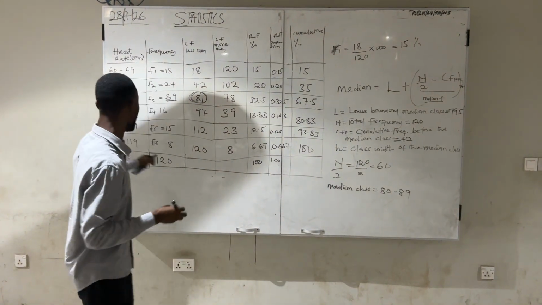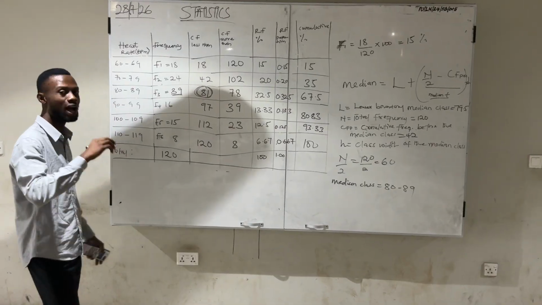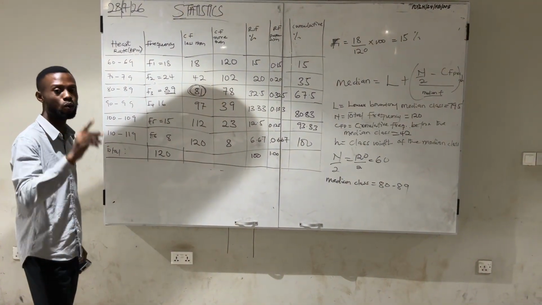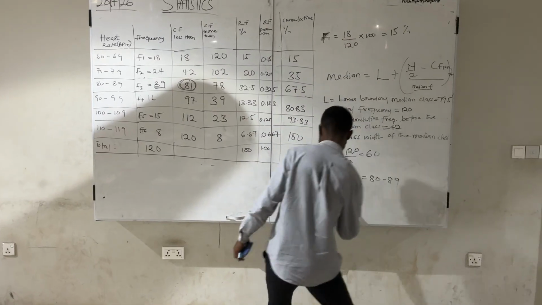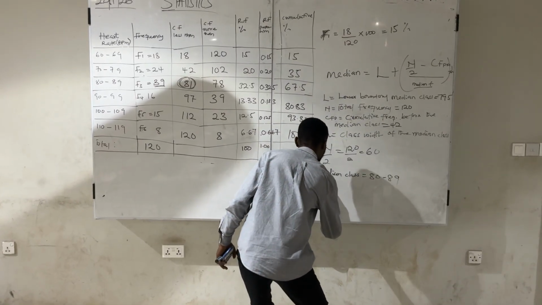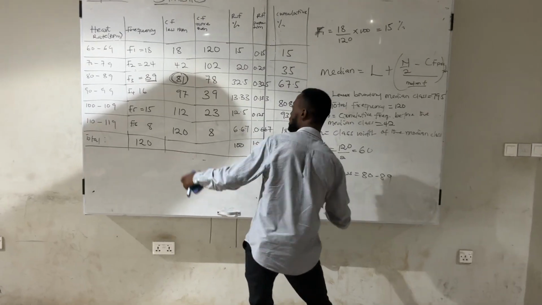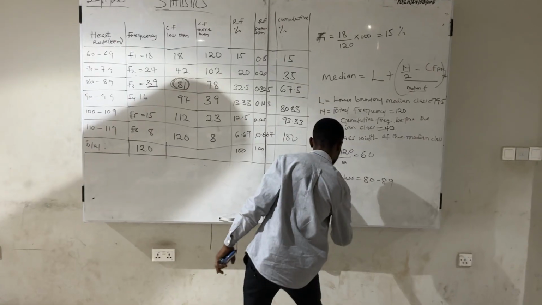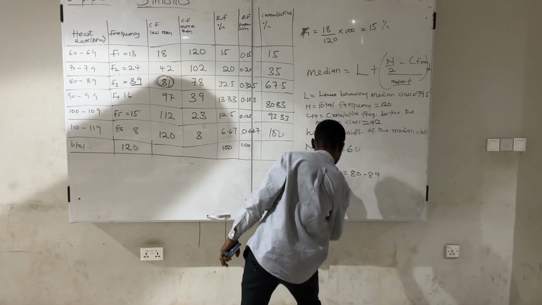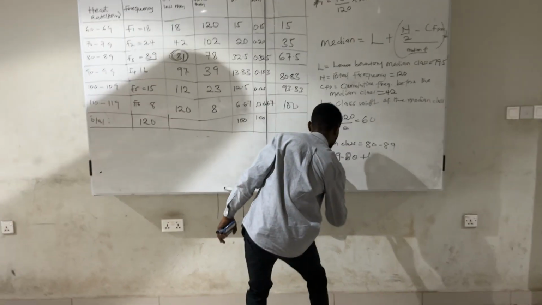Or we subtract the lower class limit from the upper class limit, then add 1 to it. So let's take that one. The class width h will be equal to, let's take this value, 80 and 89, so 89 minus 80 plus 1, which gives us 10.